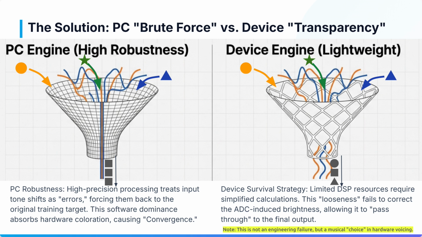It lets the ADC's character, the brightness, pass through to the output. It's like a mold with a bit of give. The final shape keeps some of the original texture. The hardware's unique flavor remains in the final tone. This is why individuality disappears on PC but stays alive on the actual hardware.